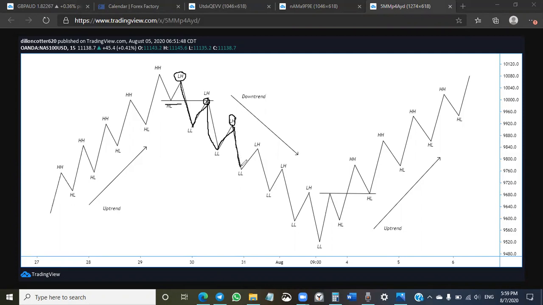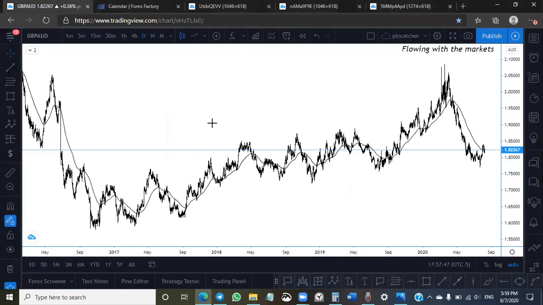The market will break lower under this previous lower low, creating a new lower low, and retest structure, giving us that lower high, and so on like this. Okay, so this is what we are going to be back testing today on the chart, and let's get right into it.